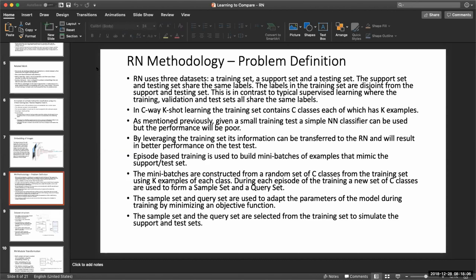So during each episode of the training, a new set of C classes are chosen and then are used to form this sample set and query set, which are then used to adapt parameters using an objective function, which we'll discuss.